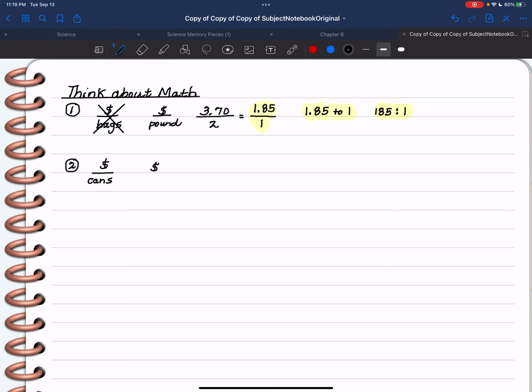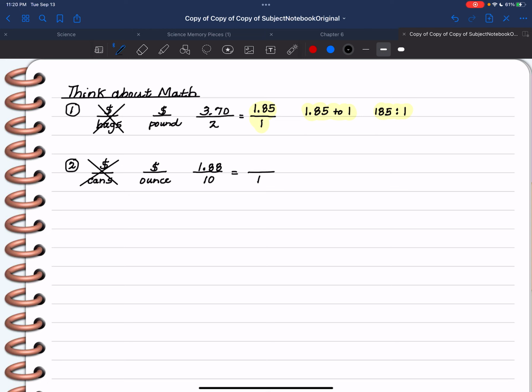They want to know the comparison of dollars to ounces. Actually, to 1 ounce. So this would not help me. I know that $1.88 goes with 10 ounces. So let's figure out what 1 ounce will cost.